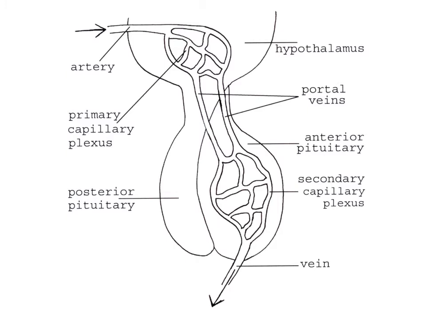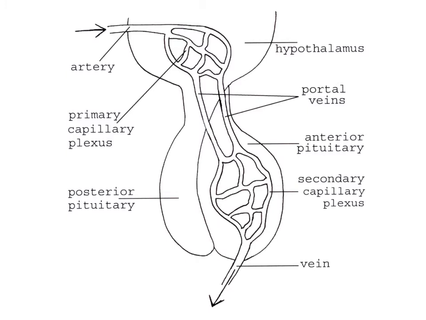So hypothalamic neurohormones include the growth hormone releasing hormone, GHRH, and this stimulates the anterior pituitary cells called somatotrophs to release growth hormone into the blood, bringing about growth during childhood.